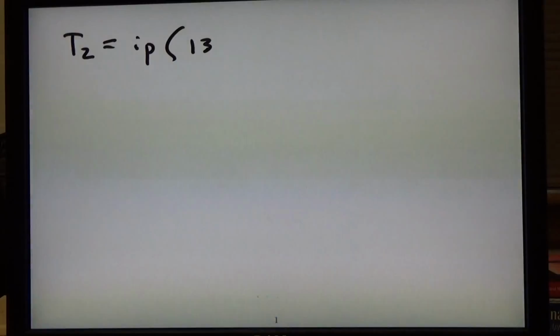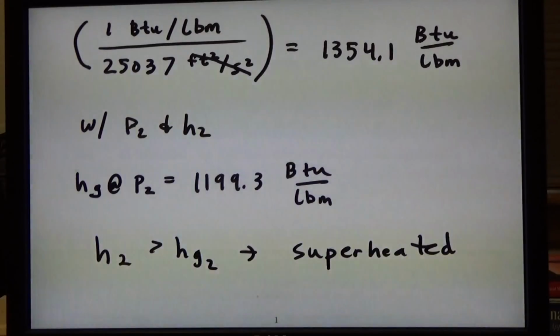So T2 is going to be an interpolation. Those values from the H column that I just said that bracketed our number were 1322.1. Our number is 1354.1.